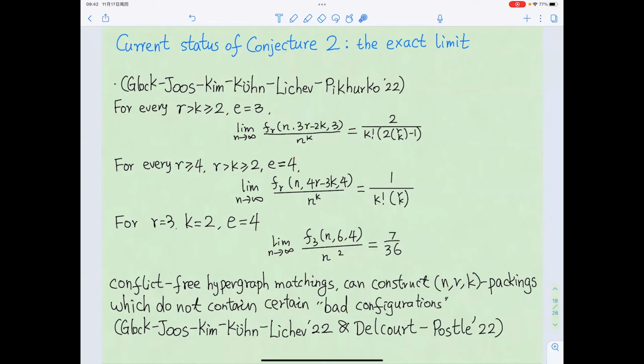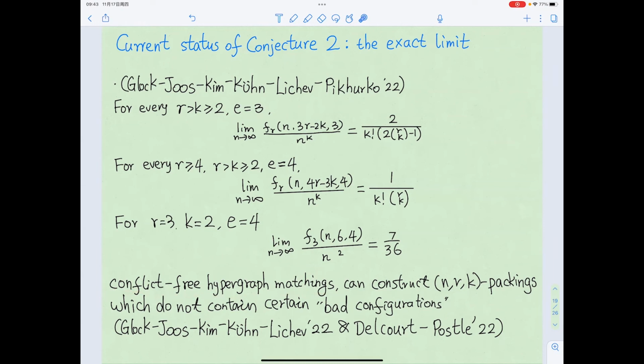They can also determine the exact value of the limit. Their work is based on a strengthening of hypergraph packings, which they call conflict-free hypergraph matchings.